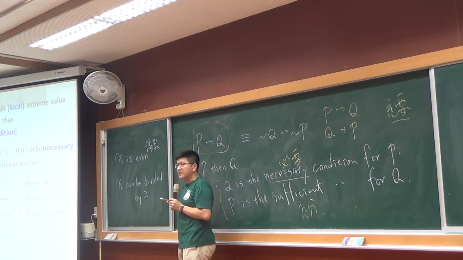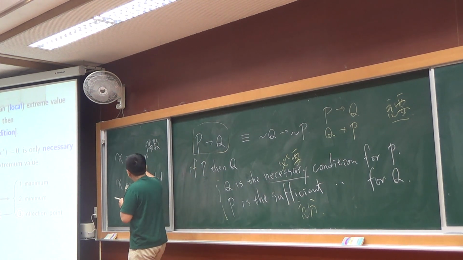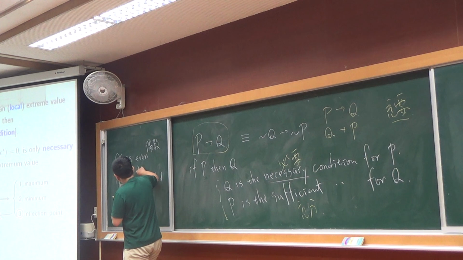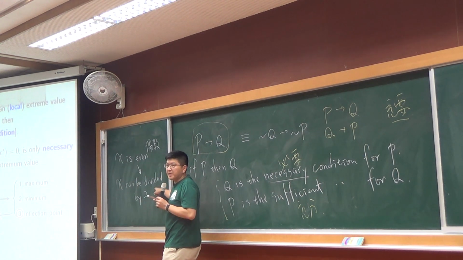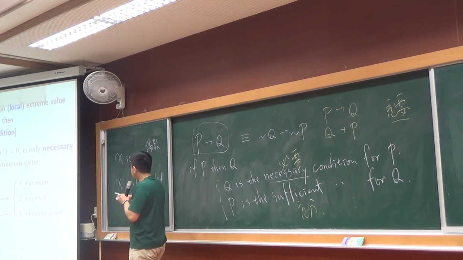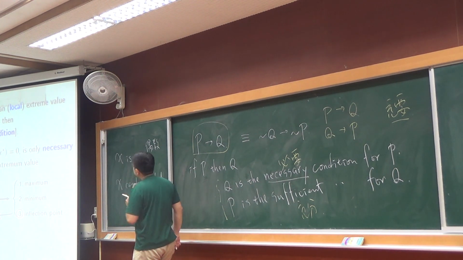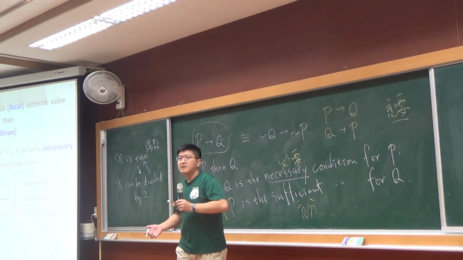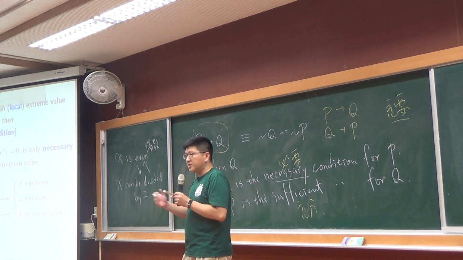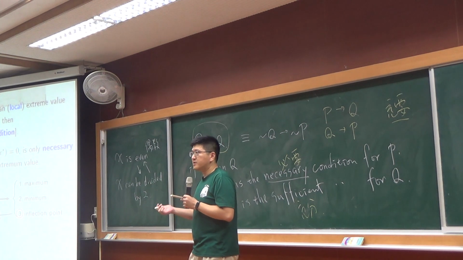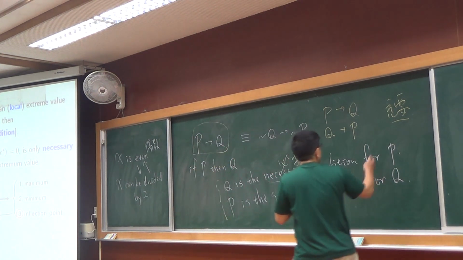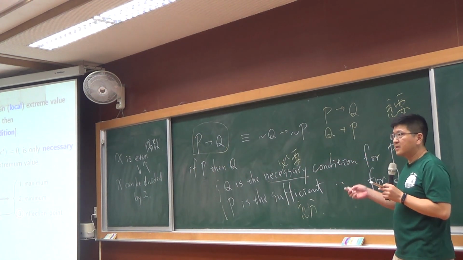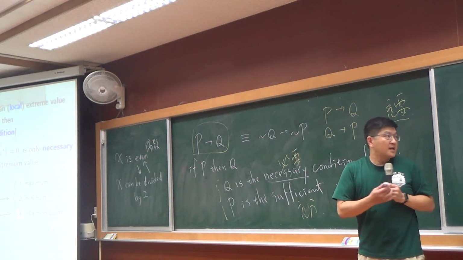Okay? So if x is even, then x can be divided by 2. On the contrary, when x can be divided by 2, then x must be even, right? So they are necessary for each other and sufficient for each other. So we call them necessary and sufficient conditions. Okay?